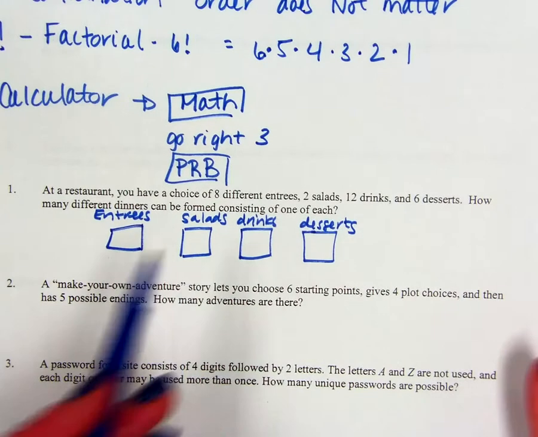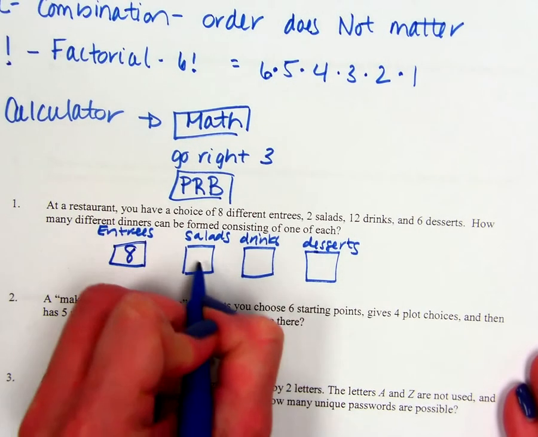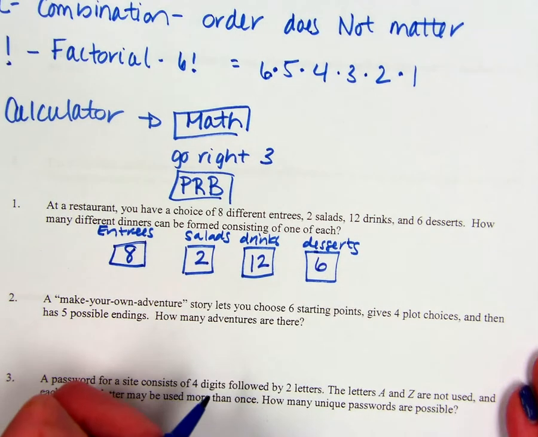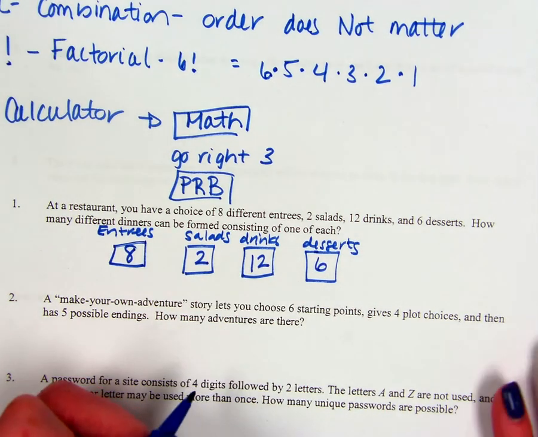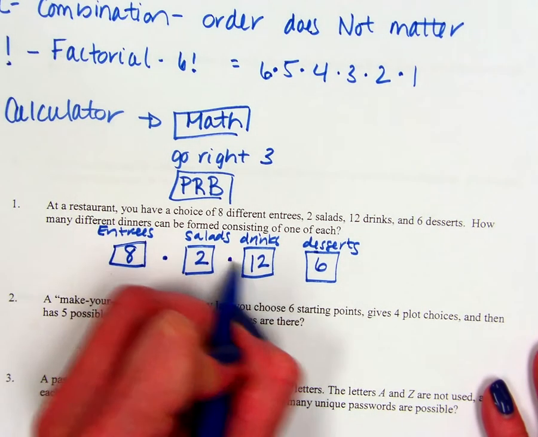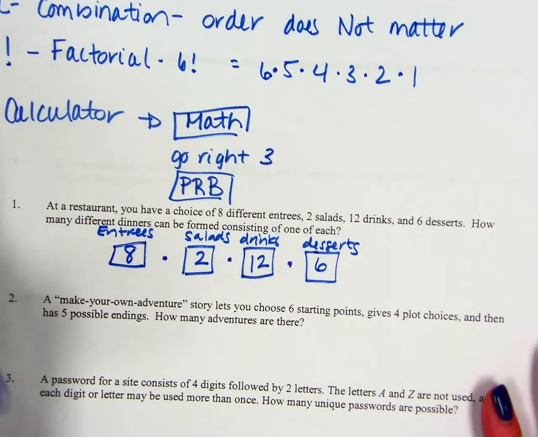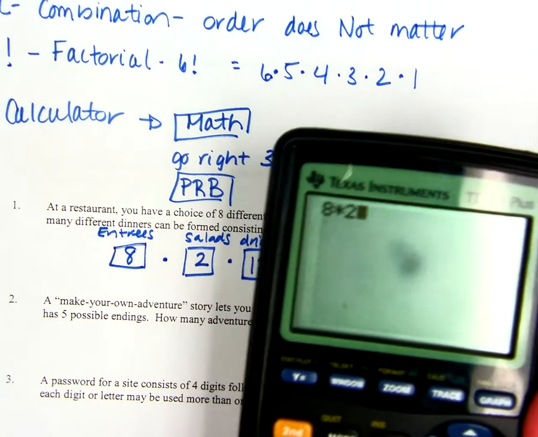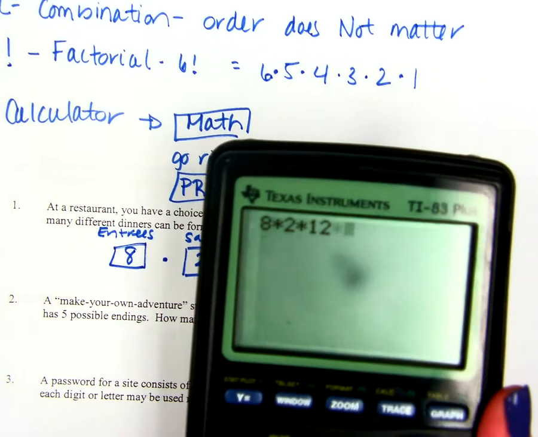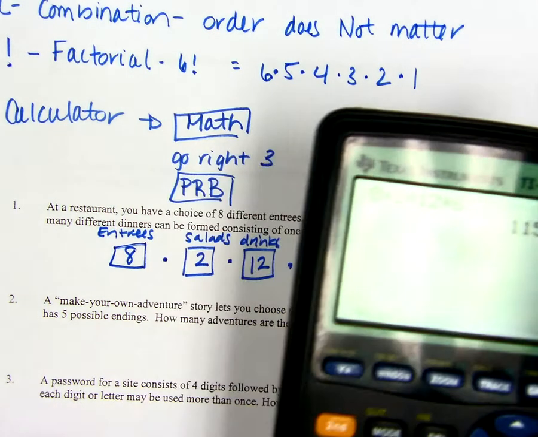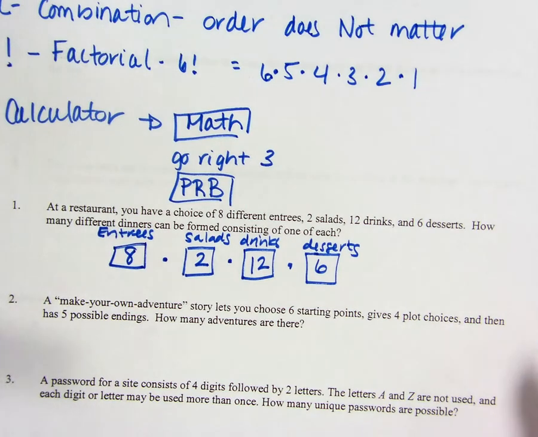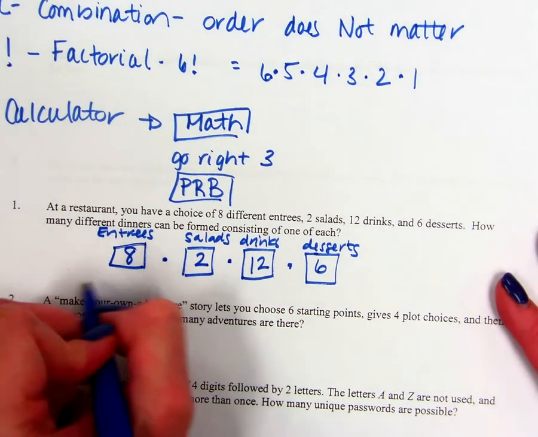For my entrees, I have 8 choices, salads is 2, drinks is 12, and desserts are 6. All I'm going to do to get my solution here is multiply all of those together. When I put that into my calculator, I'll have 8 times 2 times 12 times 6. So I'll get a pretty good size number. 1,152 different dinner options would be my answer.